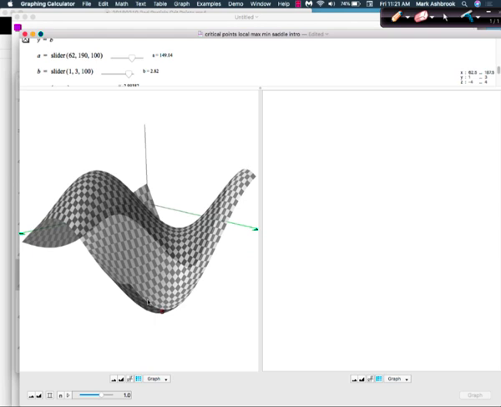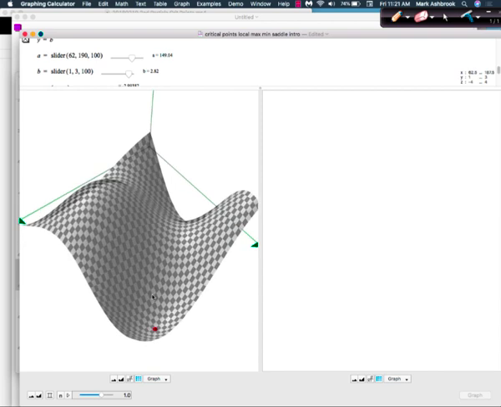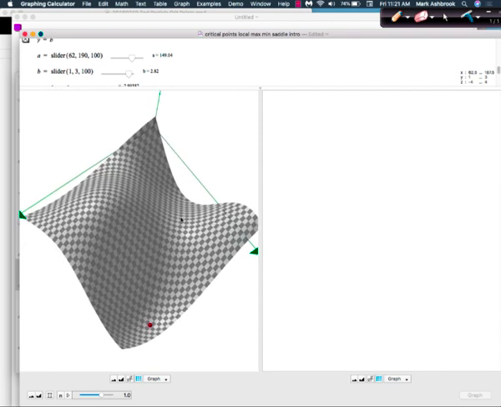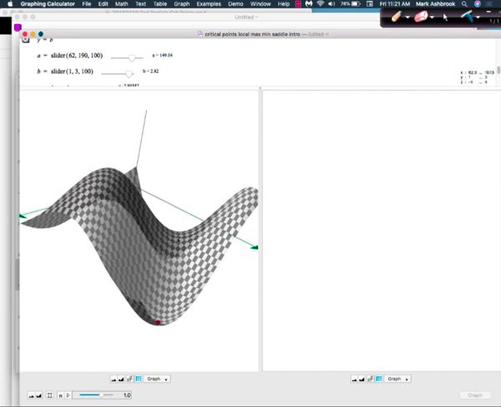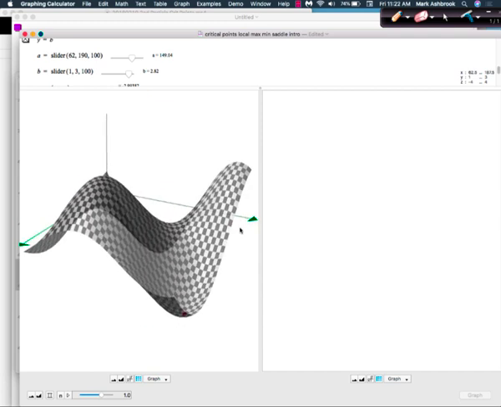There's another local min, back there somewhere around there. Anywhere else? Okay, right. So that is at 104.